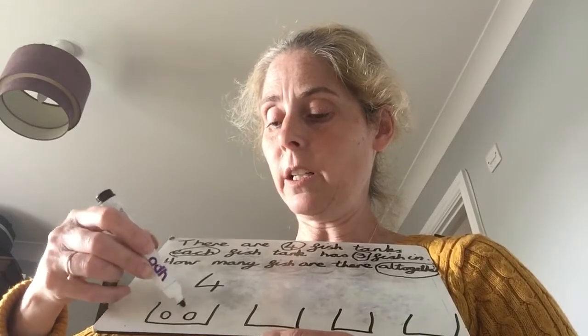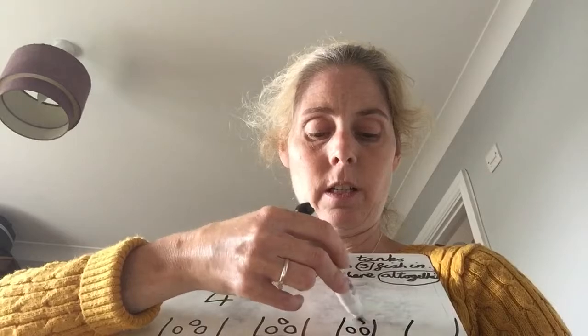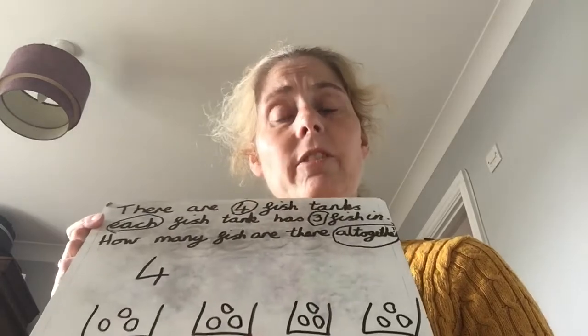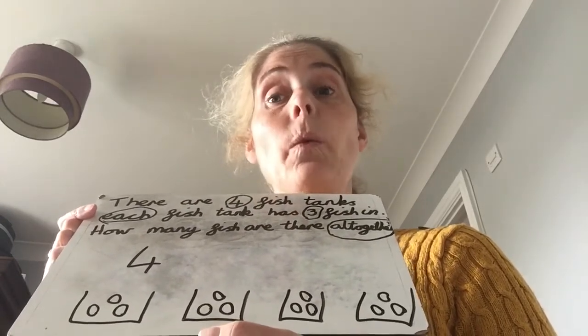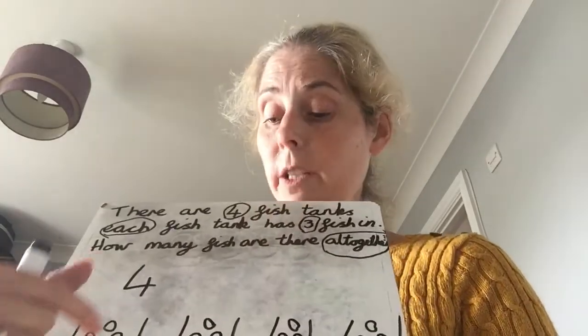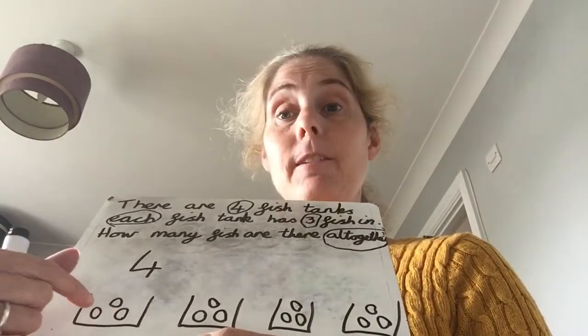Each one has 3 fish in it, okay, so 4 add 3, would that work? No. So we know when we look at this, we've got 4, look, 1, 2, 3, 4 lots of 3.